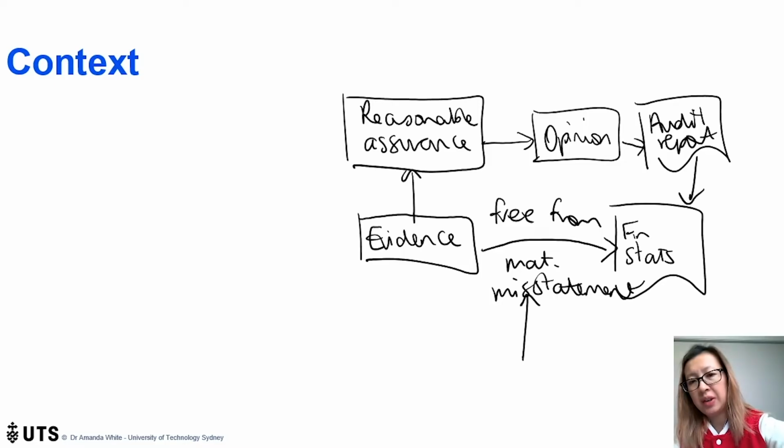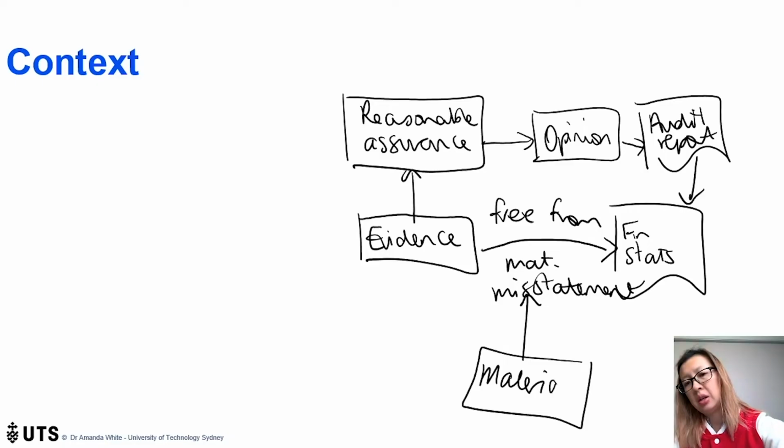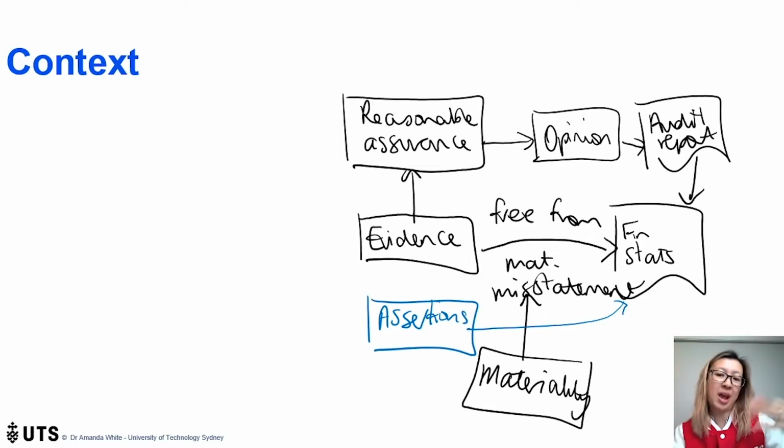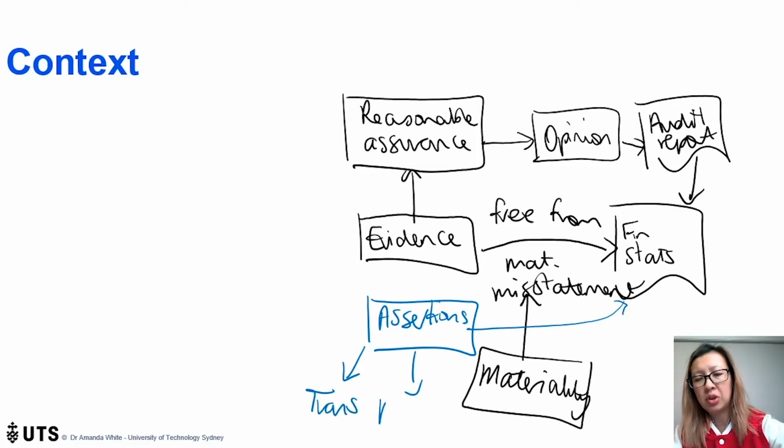So we know that feeding into this whole process is an understanding of materiality. Now, to gather our evidence, we need to gather information about whether our financial statements meet our assertions. I'm going to do this in a different color because I need to cross over here. Remember, we've got our assertions for our transactions and we've got assertions for our balances.